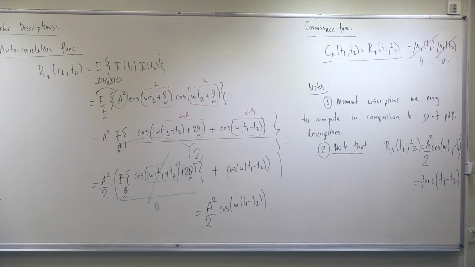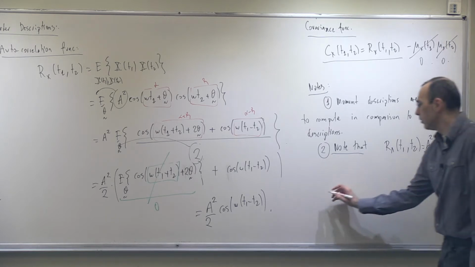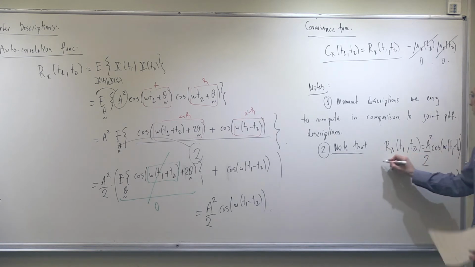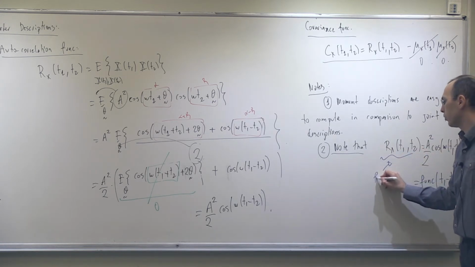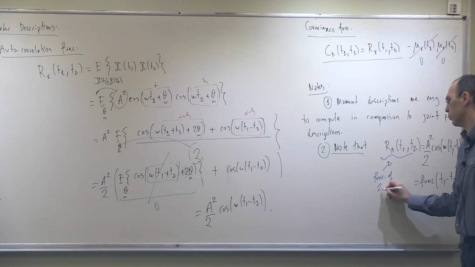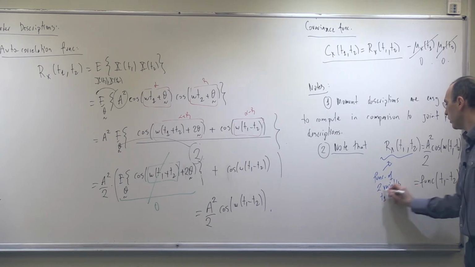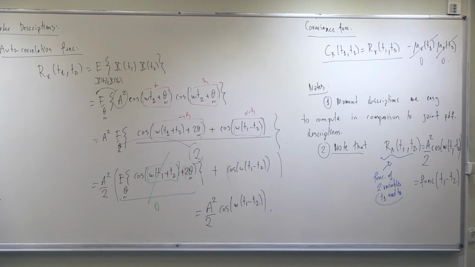Do you see what I mean? So this is a function of 2 variables, obviously, meaning T1 and T2. But you see that this function of 2 variables can be expressed as this.